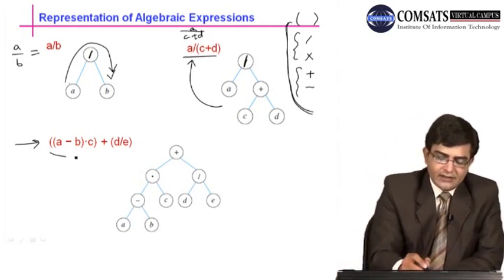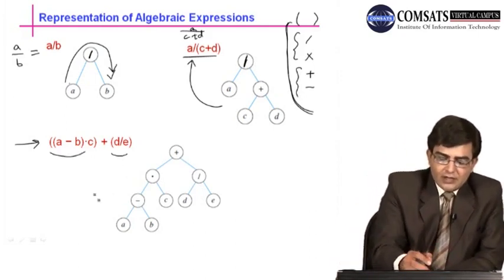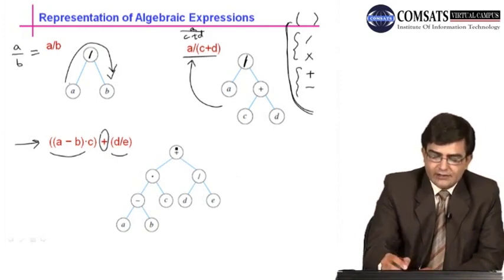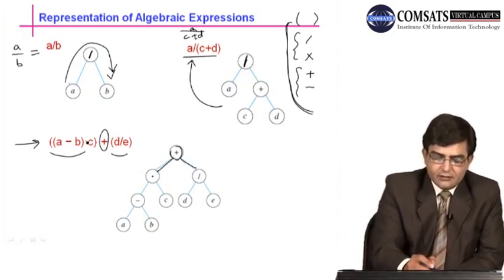So here we have a bracket, here we have a bracket. This plus is joining these two brackets, so we write plus and then two brackets. In the first bracket we have multiplication. This dot represents multiplication.